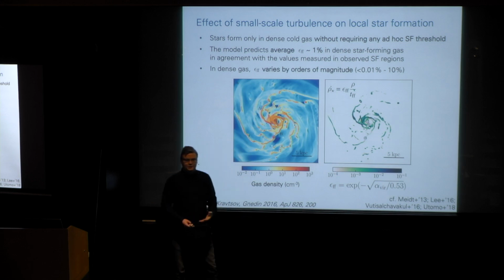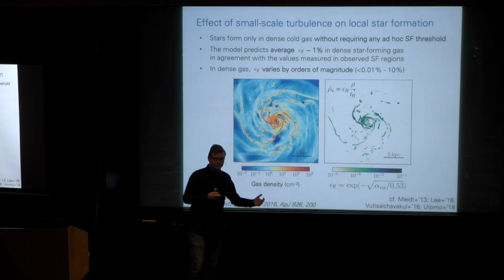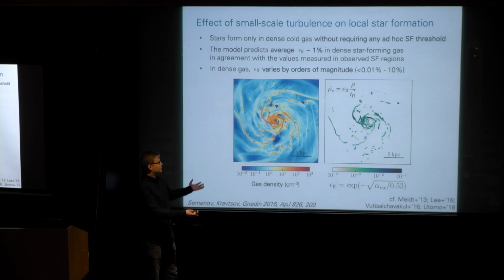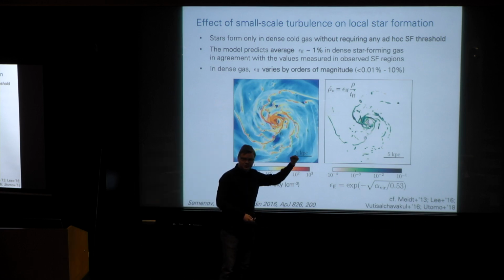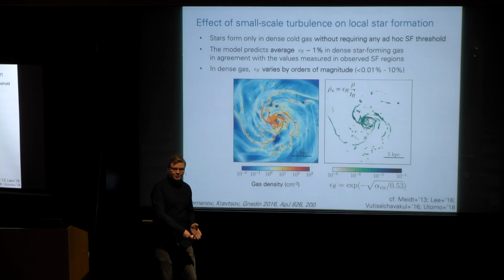And this is just because of the variation in turbulence support, which in this case reflects difference in compression rate in these two spiral arms. And there are similar variations of local star formation efficiency seen in various blind surveys of star formation in galaxies. So this means that turbulence plays a major role in setting star formation efficiencies locally in star-forming gas on small scales. And now the question we can ask is how this all propagates to larger scales.